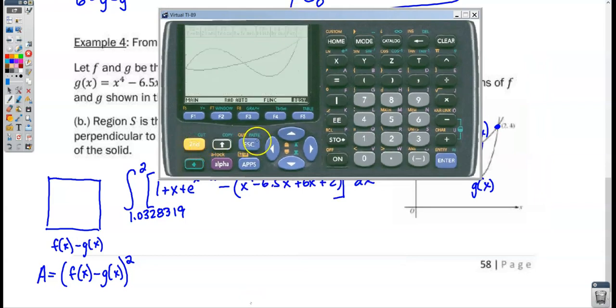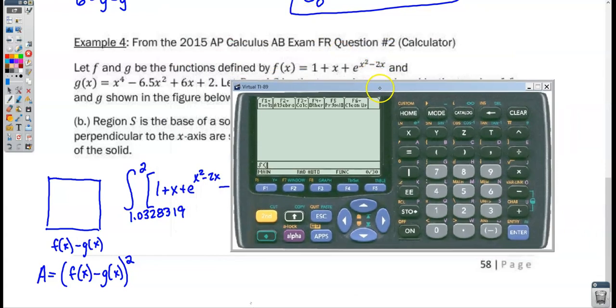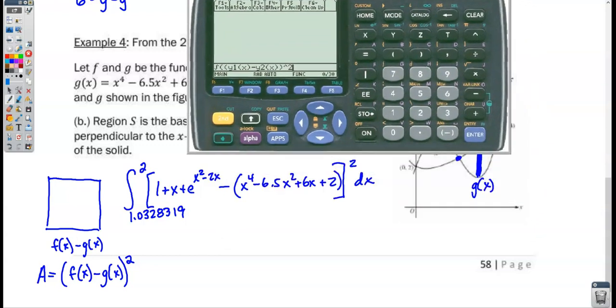All right, and something that I can do to save myself some typing on my calculator, and I can show you how to do it on your calculator as well, is when I go to integrate this, since I typed these functions into the graph screen in order to graph them, I can just say, okay, I put this function in y1, so I'm going to type y1 of x, and it's going to pull that function out for me. And the second function is y sub 2 of x. And I'm not going to forget to square that whole thing because of what my integrand is.